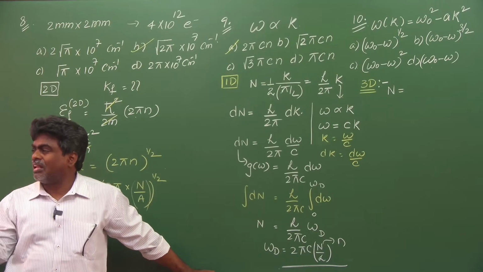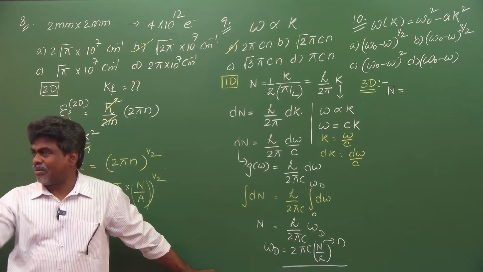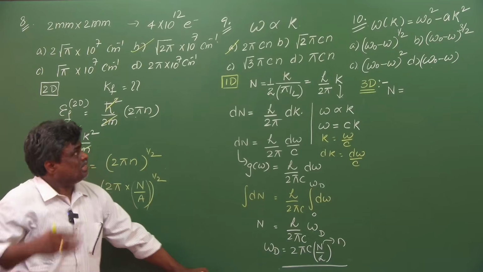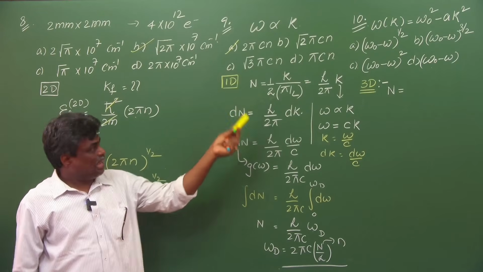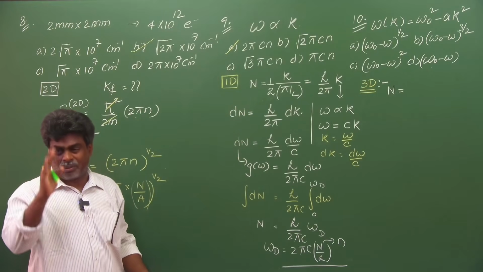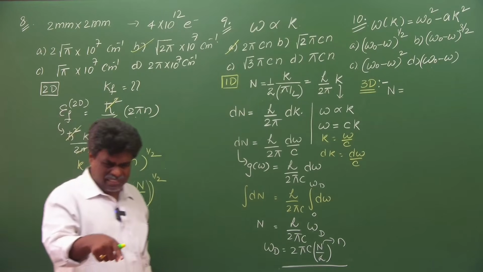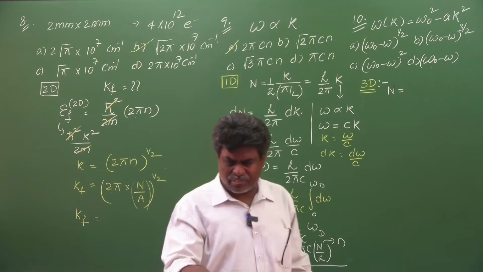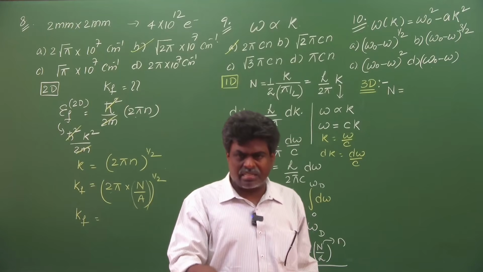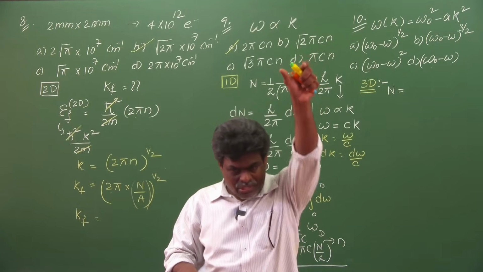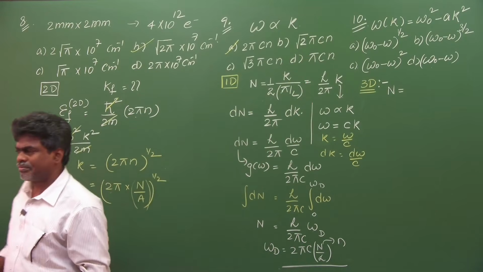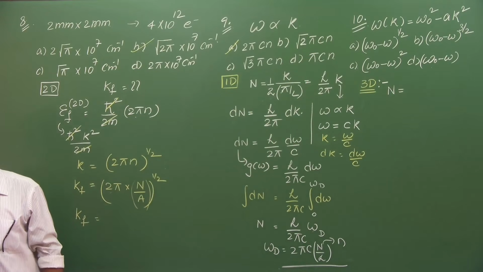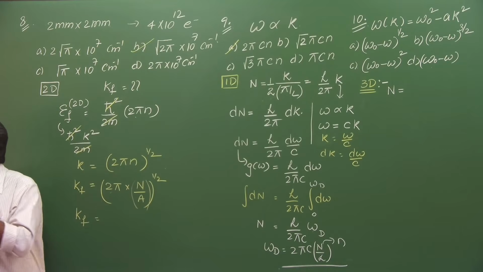I am asking the number while you are deriving. Here earlier I explained for 1D. This is 1D. Like that we have written first step 2D, 3D. Yesterday, at the beginning of the first class, we did density of states of 1D, 2D, 3D. After that only we discussed. I don't want the simplified answer.